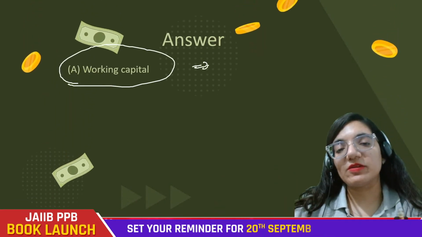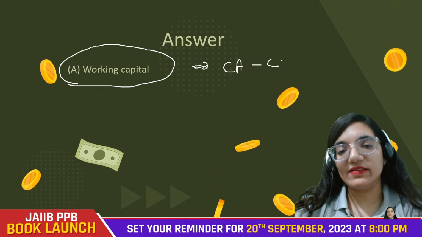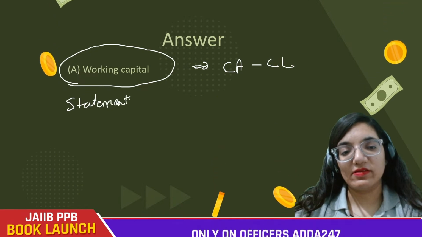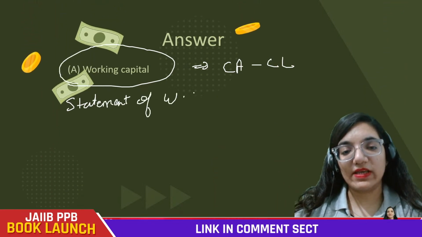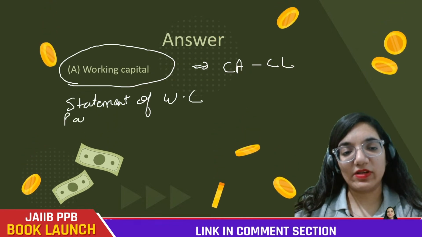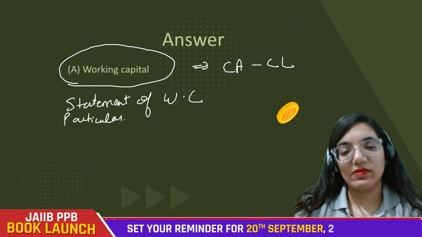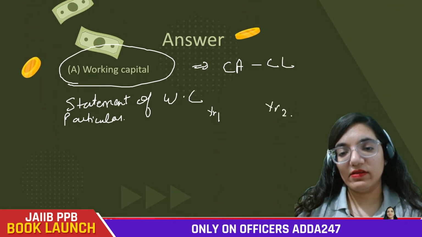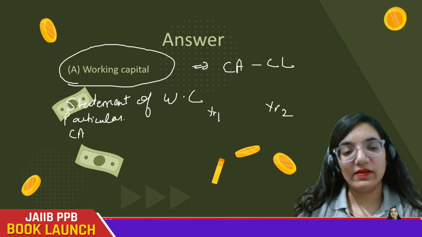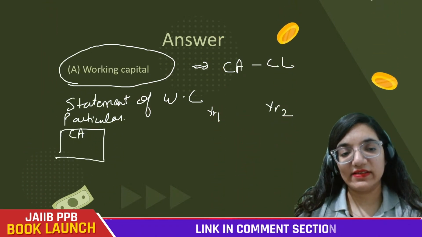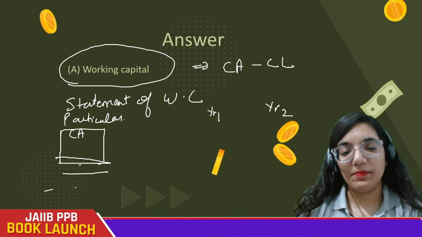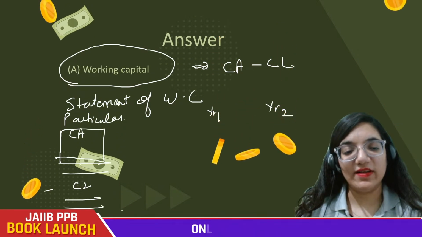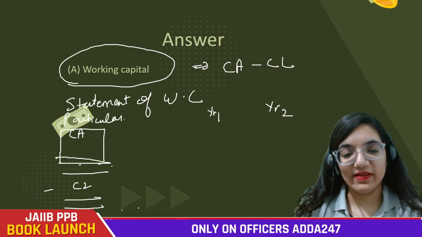Under fund flow statement, we prepare CA minus CL. The statement of working capital is like, we have year 1, year 2. These are current assets, total, minus current liabilities, total, and then you find the working capital.